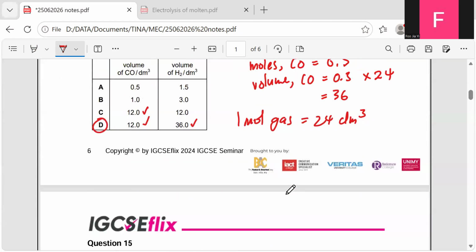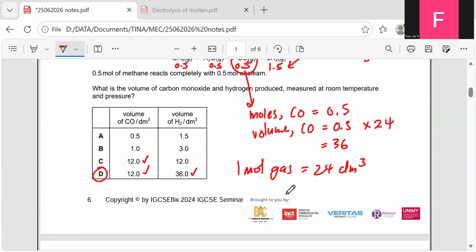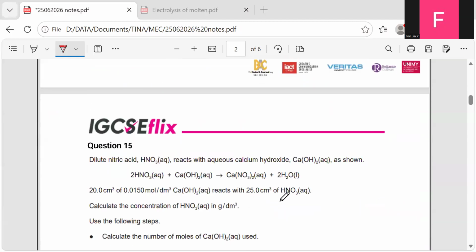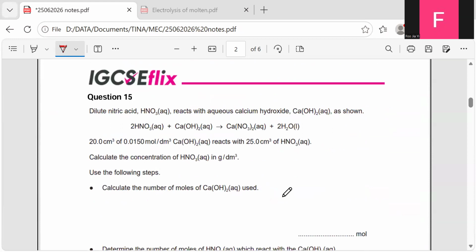This question, they already give you centimeter cube and mole per decimeter cube. So I'm sure you know which formula to use.